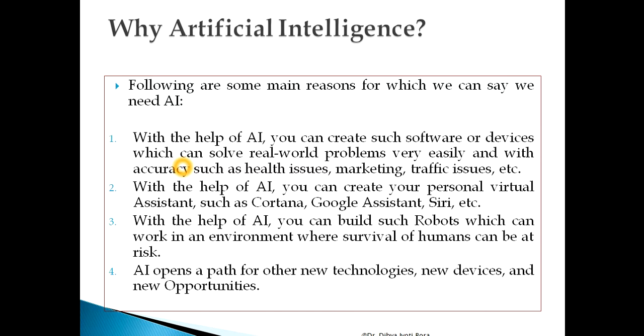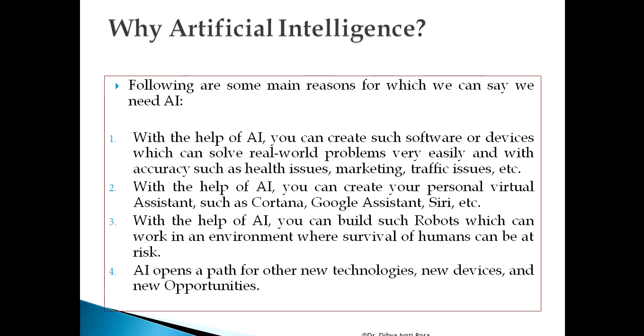So AI machines can solve real world problems very easily and with accuracy, such as health issues, marketing, traffic issues, etc. Then, with the help of AI, you can create your personal virtual assistant, such as Cortana, Google Assistant, Siri. These are different virtual assistants.